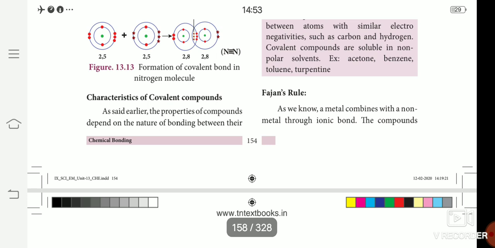Then the melting point. Covalent compounds have low melting and boiling points compared to ionic compounds. Then the solubility.